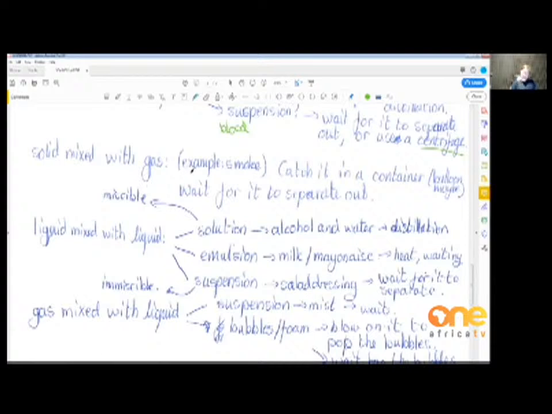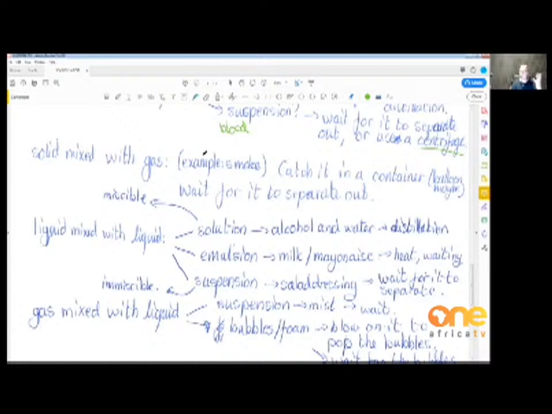So an example here would be smoke. Smoke from a fire is literally tiny little ash particles suspended inside the gas that the fire gives off. So this would be the tiny smoke particles suspended inside this carbon dioxide gas.